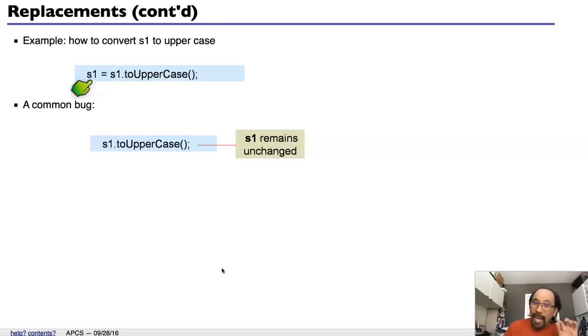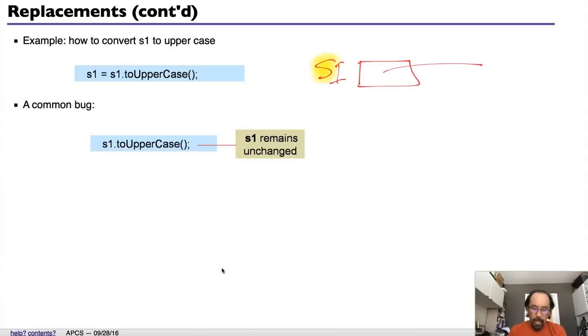So what I can do though is take whatever value is returned and reassign that variable to point to that. This is what I mean by that. Suppose I had something like S1, and it's pointing to this object that is hello.